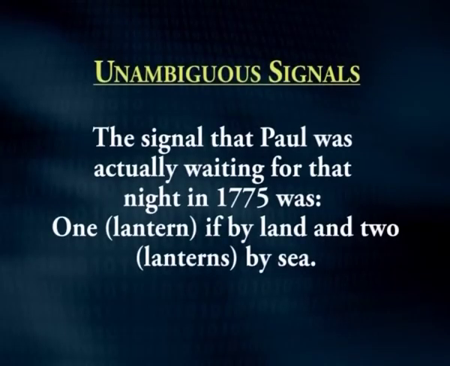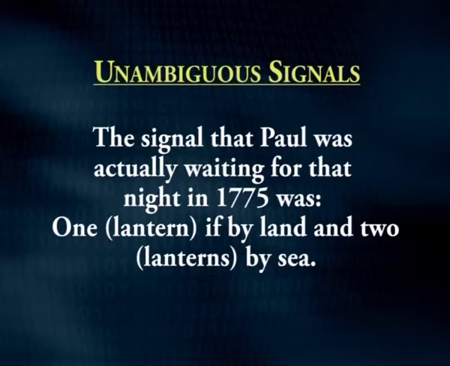The signal shines out and Paul's famous ride is delayed for several hours as he tries to figure out just how bright that signal is. Lack of ambiguity is a tremendous advantage. The signal that Paul was actually waiting for that night in 1775 was 1 lantern if by land and 2 by sea.